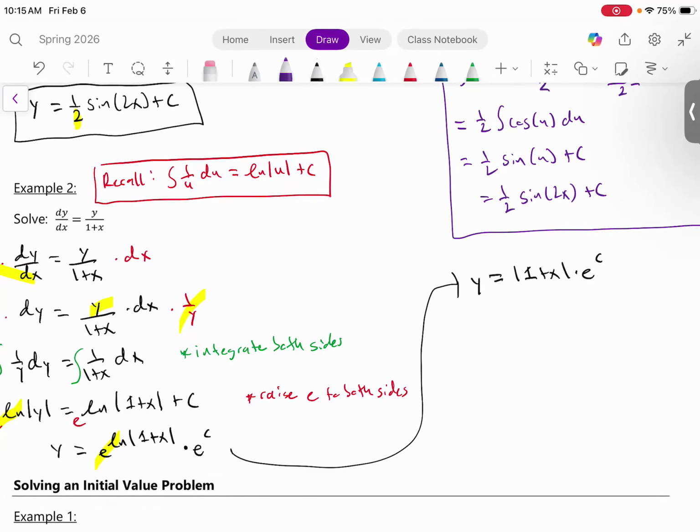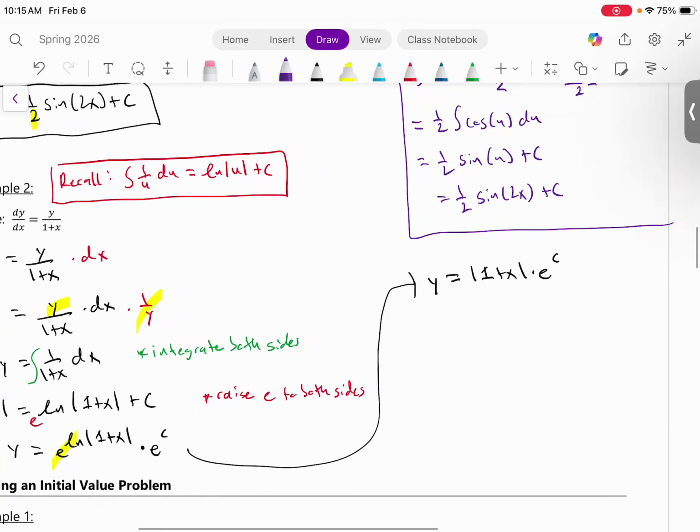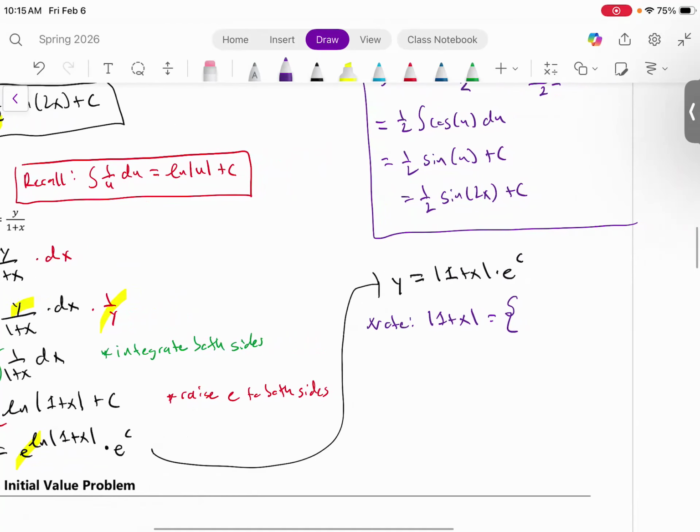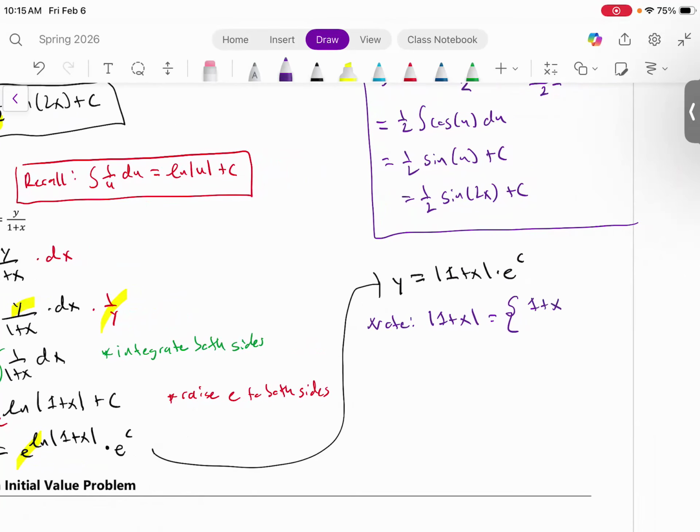If you recall some absolute value properties, an absolute value function is really like a piecewise function. It would just be positive 1 plus x if x is greater than or equal to negative 1. And I will get a negative 1 plus x if x is less than negative 1.